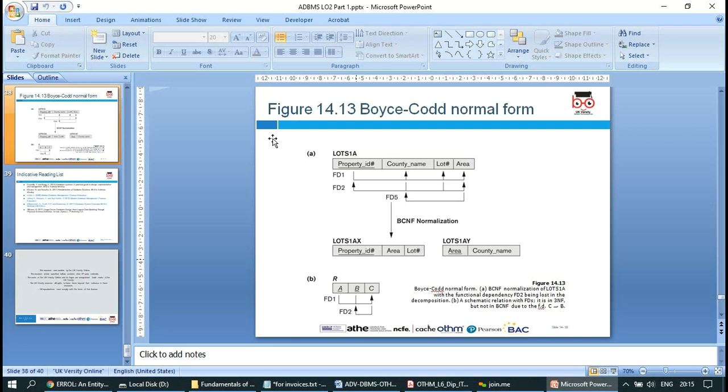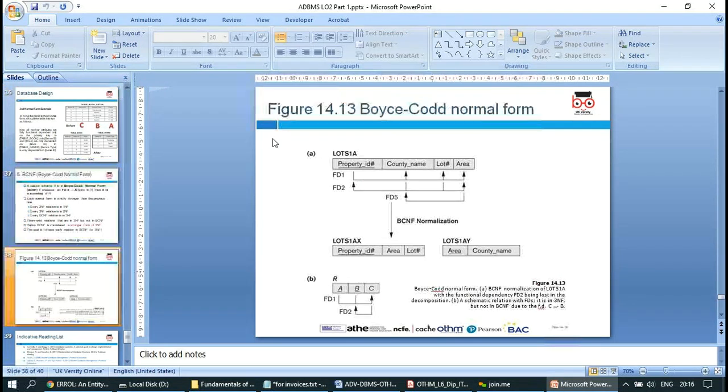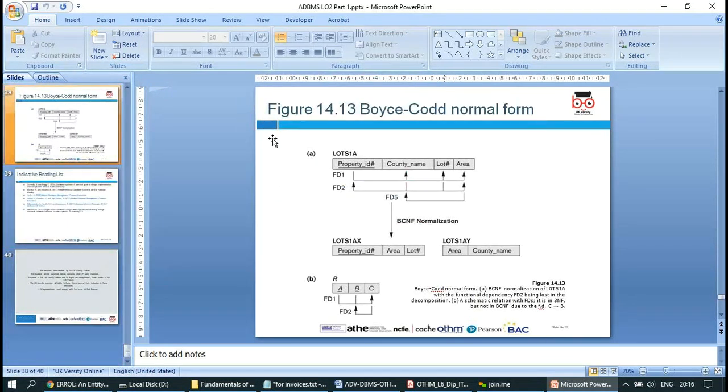Obviously, like I said, this requires a lot more examples, and then it will be clear. However, this is again a kind of third normal form, where two of the columns were placed aside as a kind of partition, and the same here: the area and the county name were kept on the side.